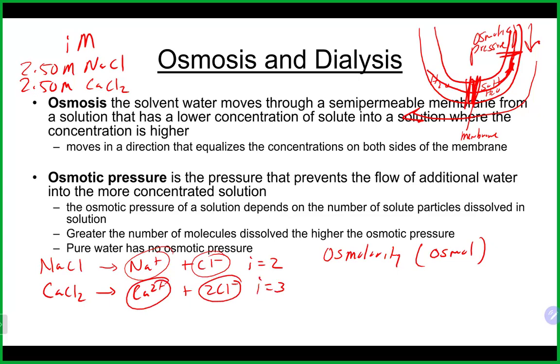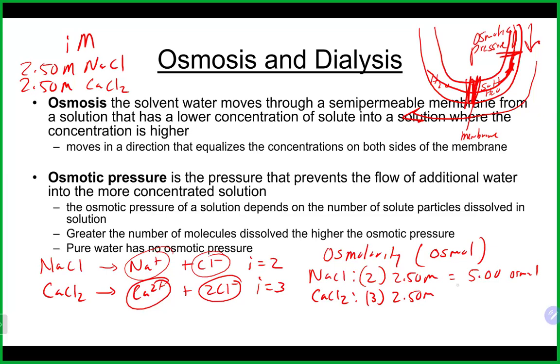So in this particular case, if we were to calculate the osmolarity of the sodium chloride solution, we would take 2 times our 2.5 molar, and that's going to give us 5 osmolarity. We do the same for our calcium chloride. We would take 3, which is our i value, times 2.5, and it's getting late, so I'm going to punch it in.